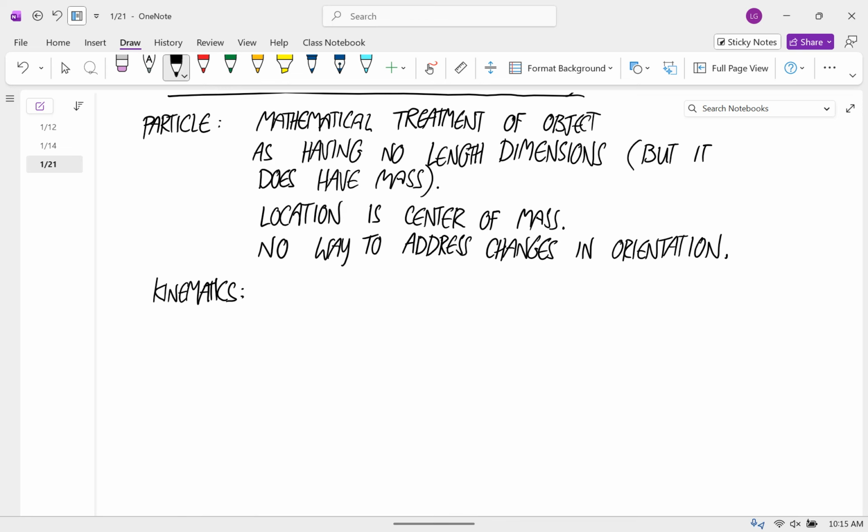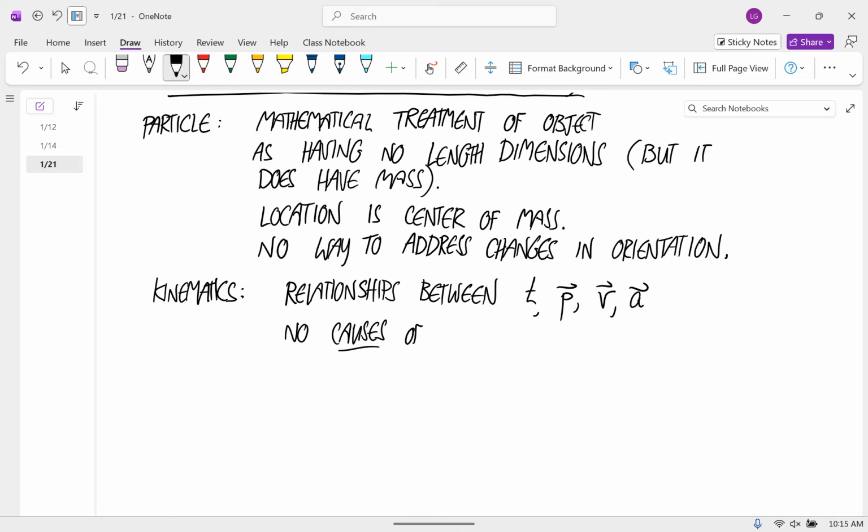You're only talking about relationships between time, position vector, velocity vector, and acceleration vector. No causes of the motion. The causes I'd be talking about would be like mass, force, energy.